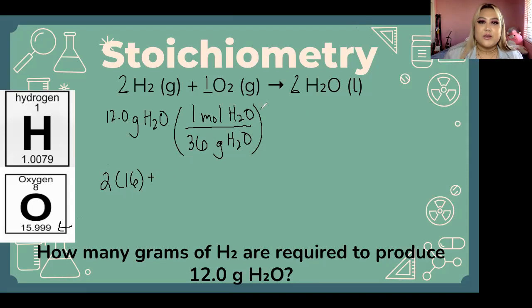Or is it just, oh wait, no. It's 1 mole of H2O, right? 1 mole of H2O. Sorry. So it is two hydrogens plus 1 oxygen. Oh, okay, then it would be 18, sorry. Yeah, no, it's okay. This would be 18.